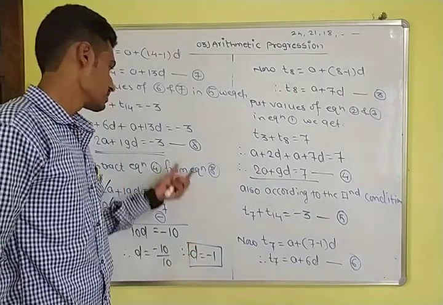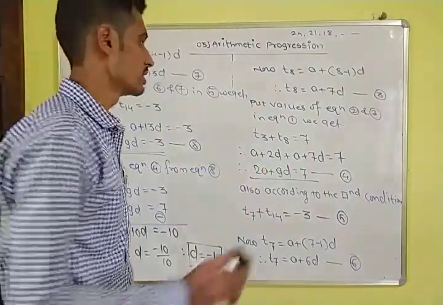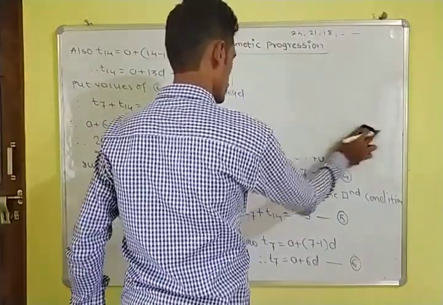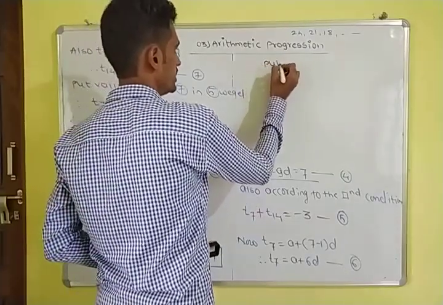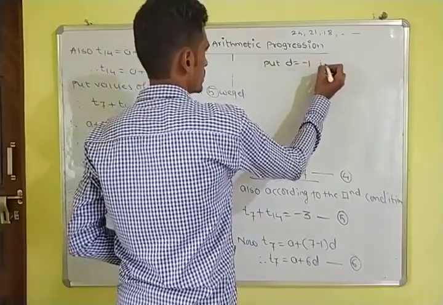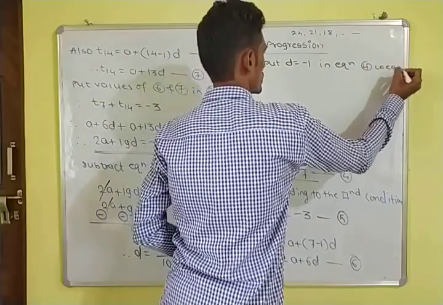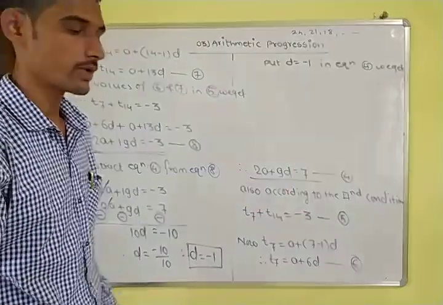Put this value in any equation, equation number 4 or 8. Put d is equal to minus 1 in equation number 4. The equation is 2a plus 9d is equal to 7.